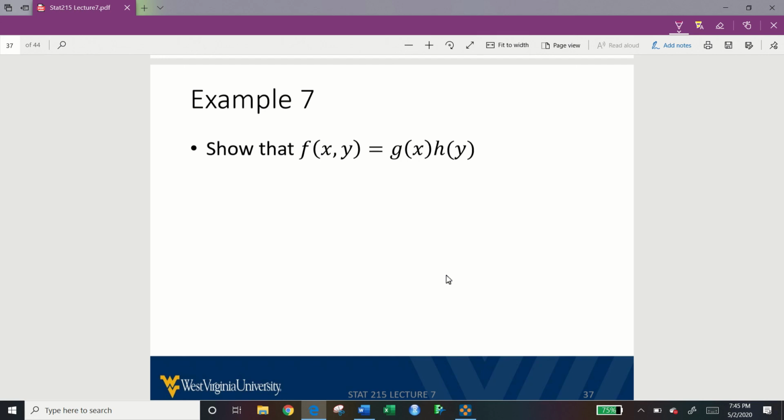We would like to show that f of x comma y equals g of x multiplied by h of y.